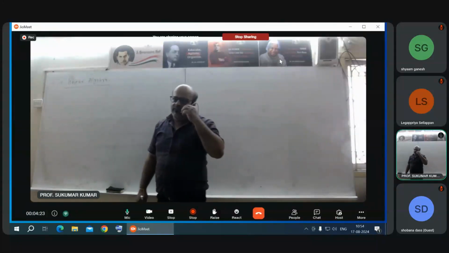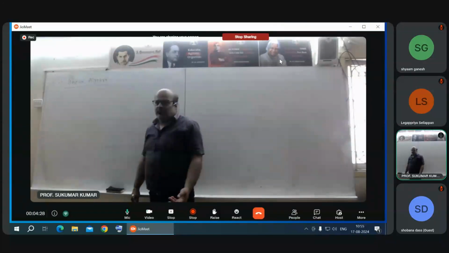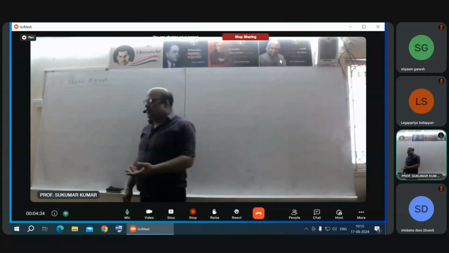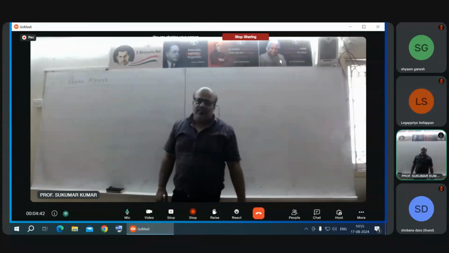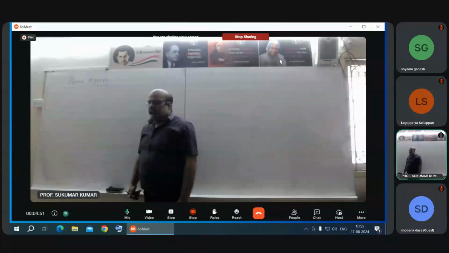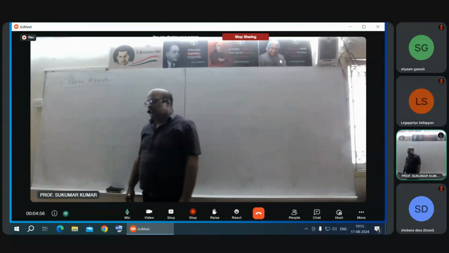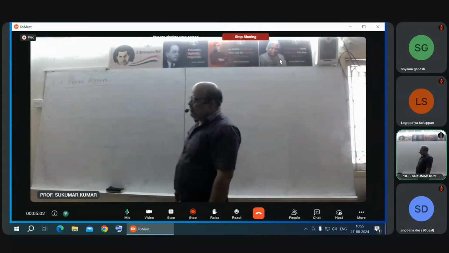Group definition and field definition I am not writing. That and all we will see in modern algebra. Group definition you already know: closure law, associative law, identity, inverse, and for commutative it is an abelian group. So field definition also: under addition we need an abelian group, under multiplication we need an abelian group. Actually here for vector space we need two operations, addition and multiplication, and under addition we need an abelian group, and under multiplication we need the closure law. The closure law must be satisfied. Enough.